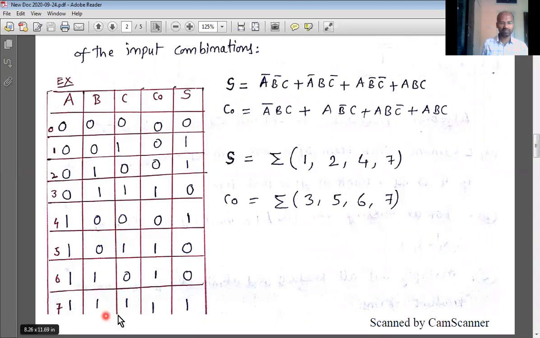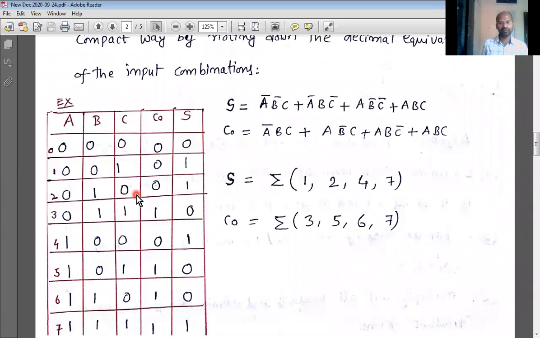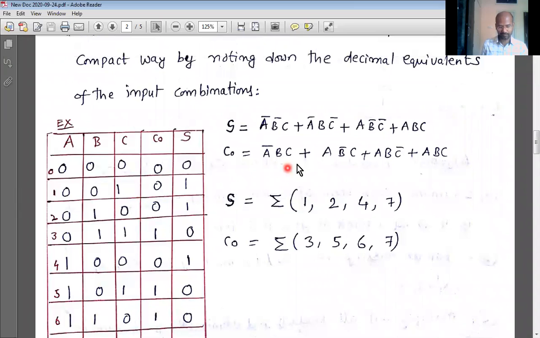And for the last one, sum is 1, carry 1. This is the truth table that follows from the problem. This is the first step towards the solution: after understanding the problem, the first step we do is the truth table. Now we can write down the canonical form.